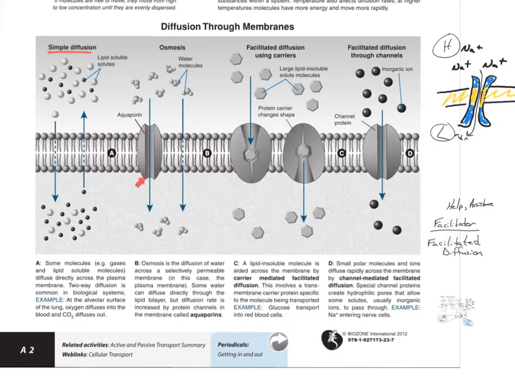A protein that makes a channel that allows water to flow through. Facilitated from high to low. No extra energy. It's just going from high to low. It's using a channel to help it. So this is facilitated diffusion. If it goes by itself, it's just diffusion. Do you understand that? If it uses a protein, it's facilitated.